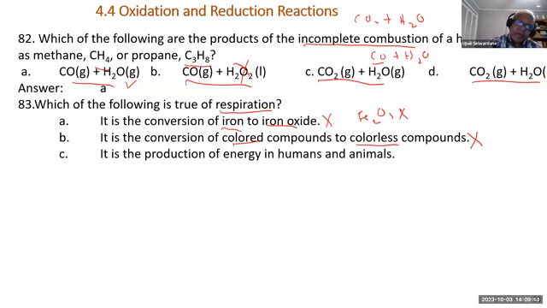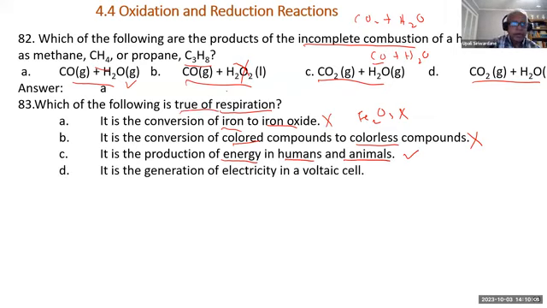It is the production of energy in human and animal biological systems. That is the correct definition of respiration. It is the generation of electricity in a voltaic cell. We don't produce electricity in a voltaic cell using glucose and oxygen. So that's not correct. The correct answer is C.